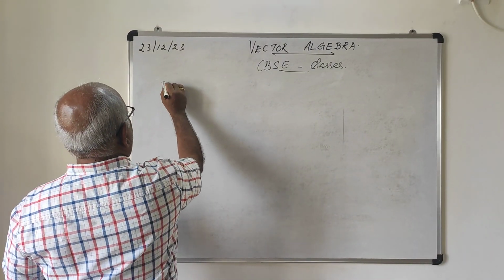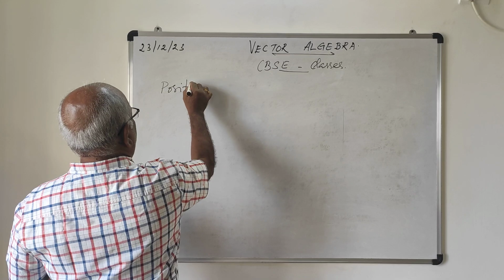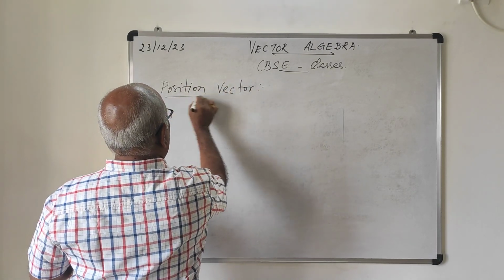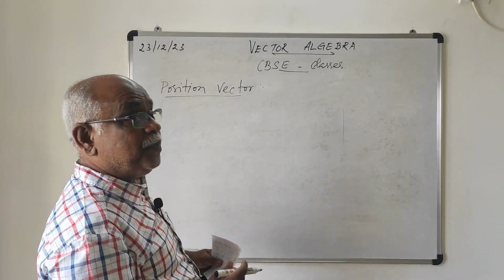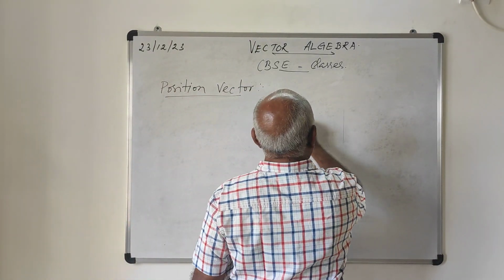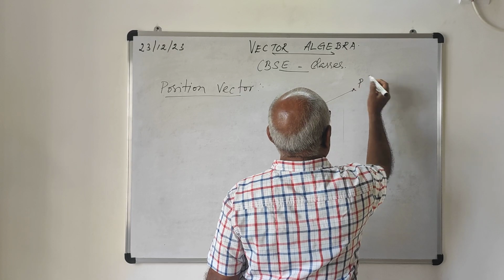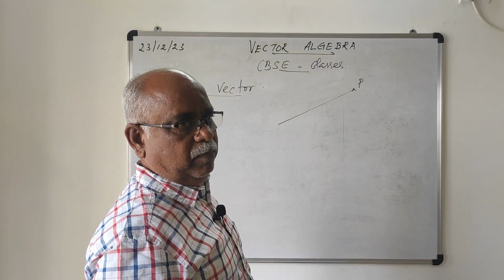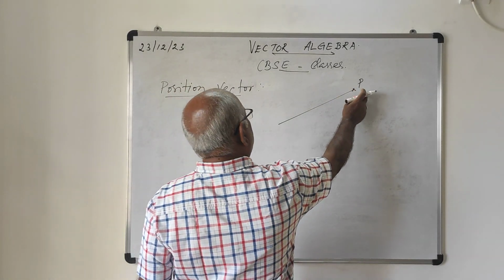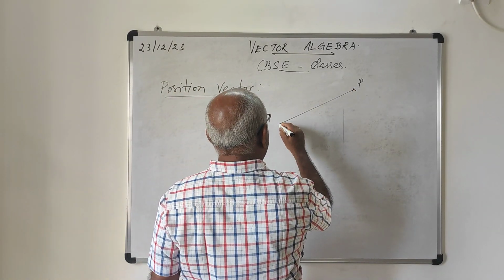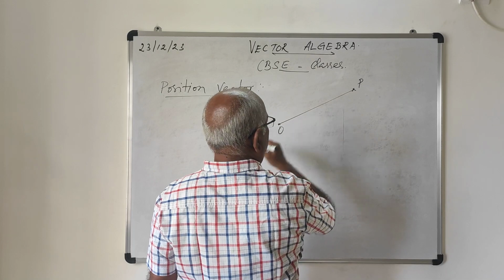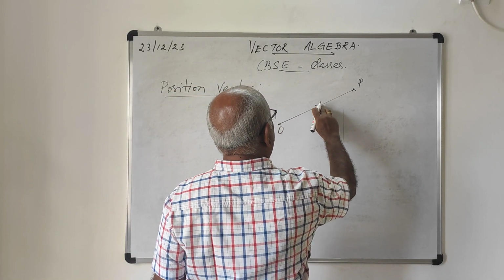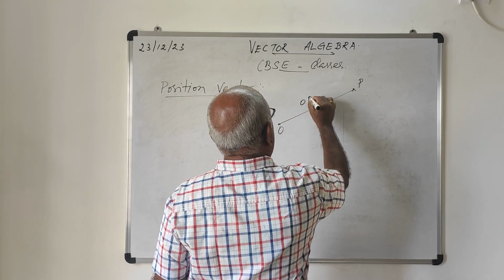Position vector of a point P. Suppose this is a point P defined in a plane or space. Vector is always defined in a space mainly. P is a point. O is the origin. The position vector of the point P with respect to the origin O is called OP vector.